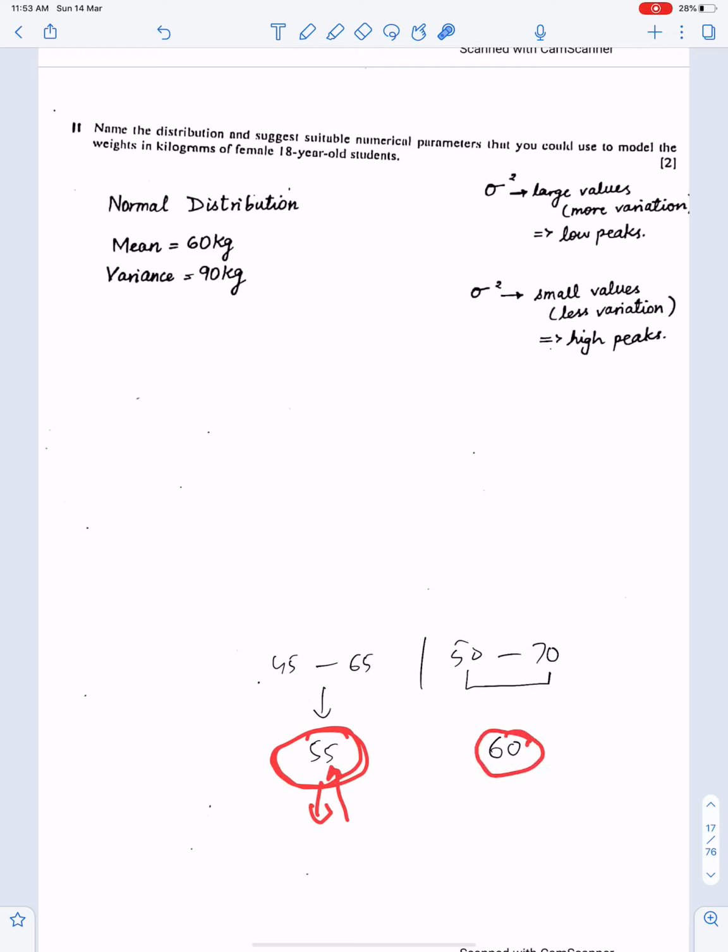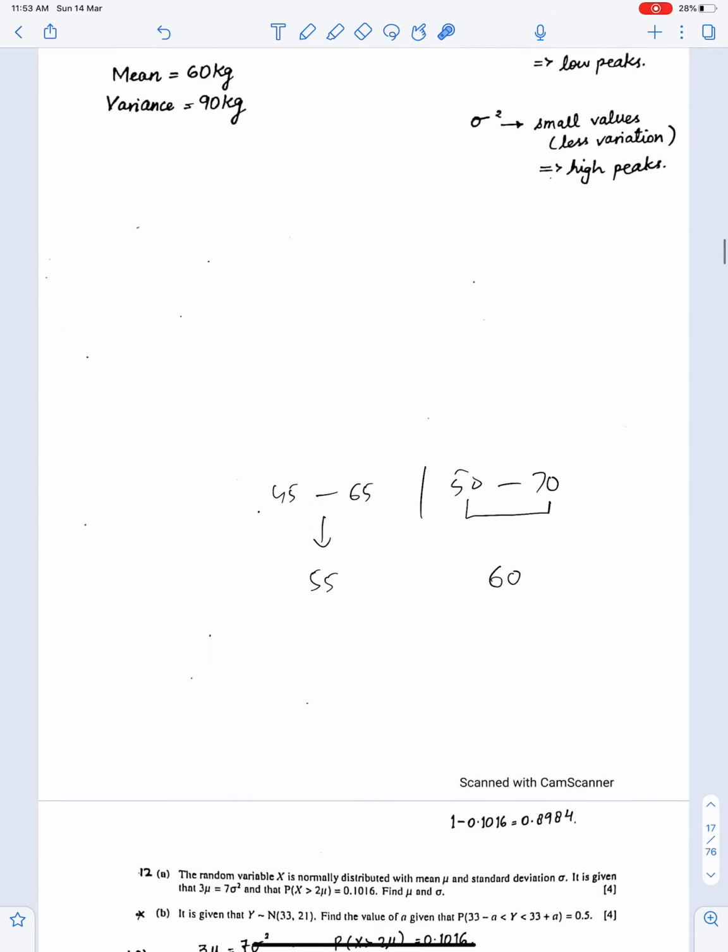If you are writing this, again you have to write a small value of sigma square. But if someone is writing 70, 70 is abnormal. On average, weights are not 70 kg for 18-year-old female students. So if someone is writing 70, then he or she needs to write a large value of sigma square. Maybe sigma square is 180 or something like that.